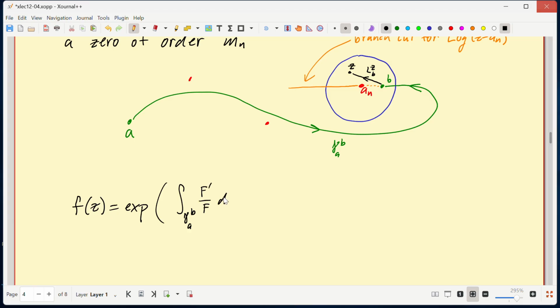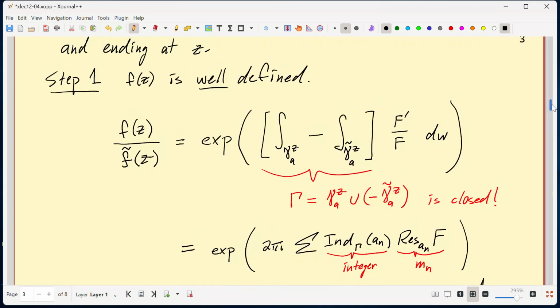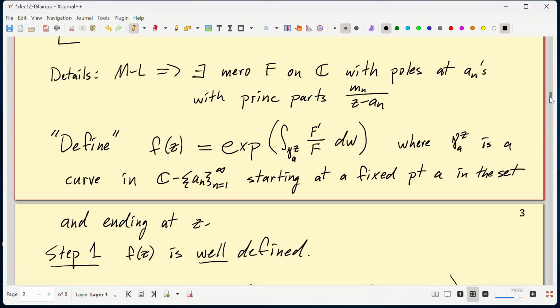I realize I screwed up. My capital F is the thing that has poles. So this thing had the poles as if it was F prime over F. This is an F right here. My F has the proper pole to look like an F prime over F. It's not an F prime over F though.